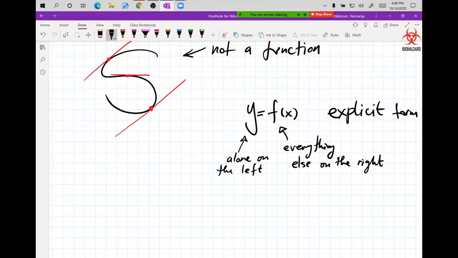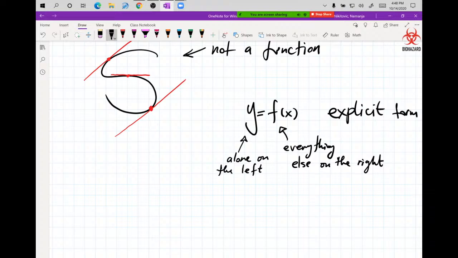That's your standard y equals x squared plus 3, y equals 3 ln x, y equals sine squared of whatever. So all of the functions you have ever dealt with so far were all written this way because you can always have y equals f of x.